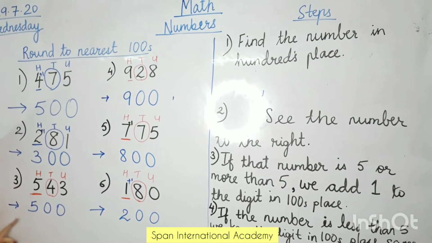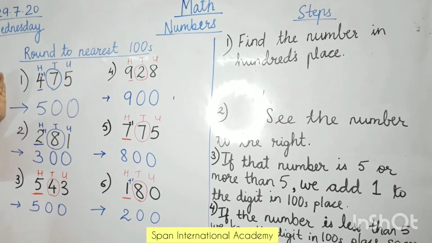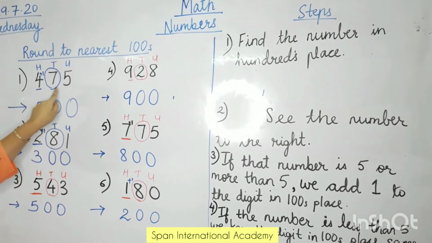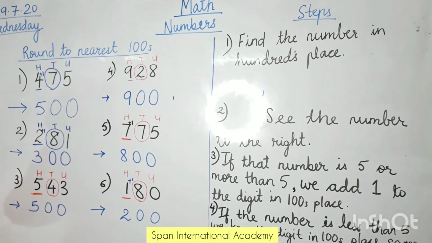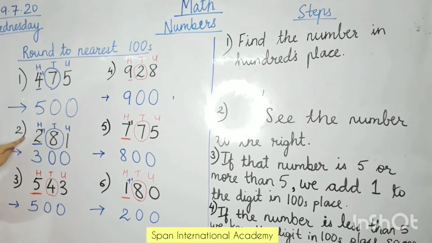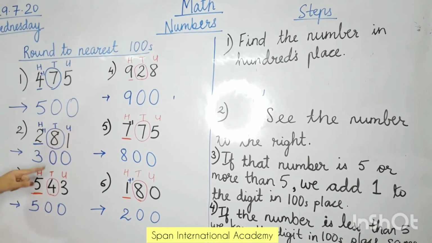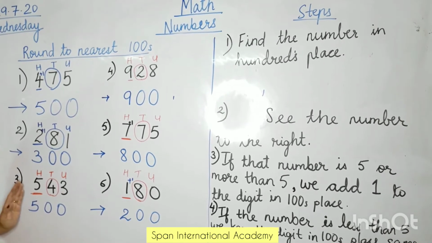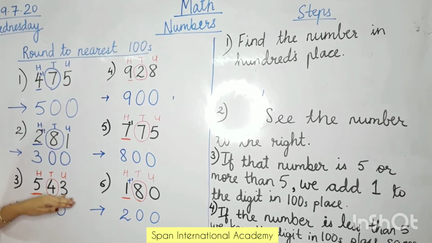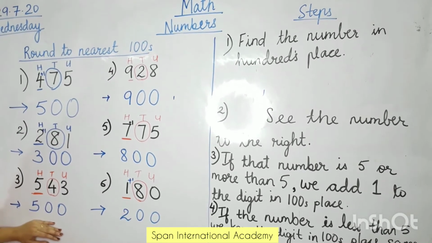We've seen 6 examples. We started with 475. When we round 475 to the nearest hundreds, we get 500. Second one, when we round 281 to the nearest hundreds, we get the answer as 300. Then when we round 543 to the nearest hundreds, we get 500.